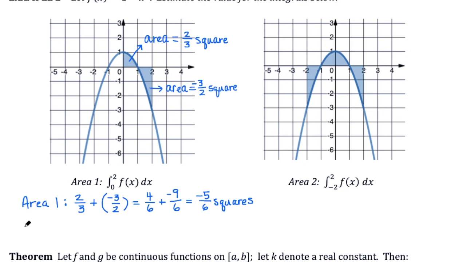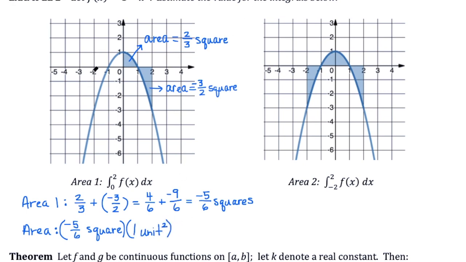You need to, when you're calculating that area, always make sure that you take the number of squares and multiply it by the area of a single square. Now the area of 1 square, when you look at this graph, this is 1 unit by 1 unit. So the area of a single square is just going to be 1 square unit.